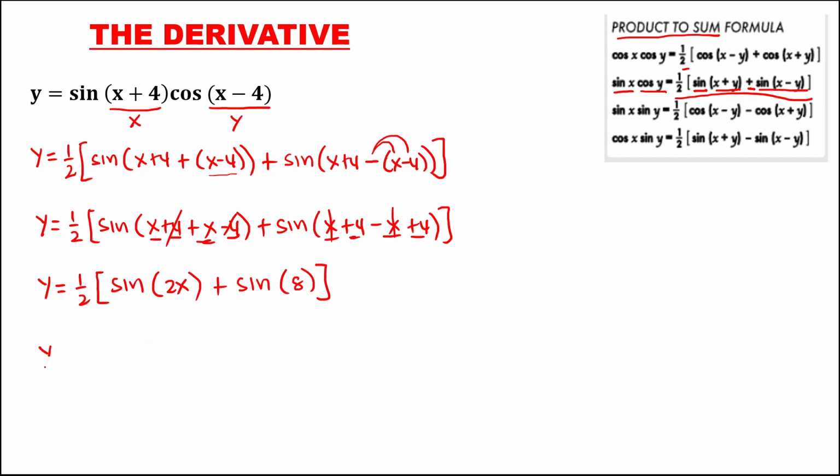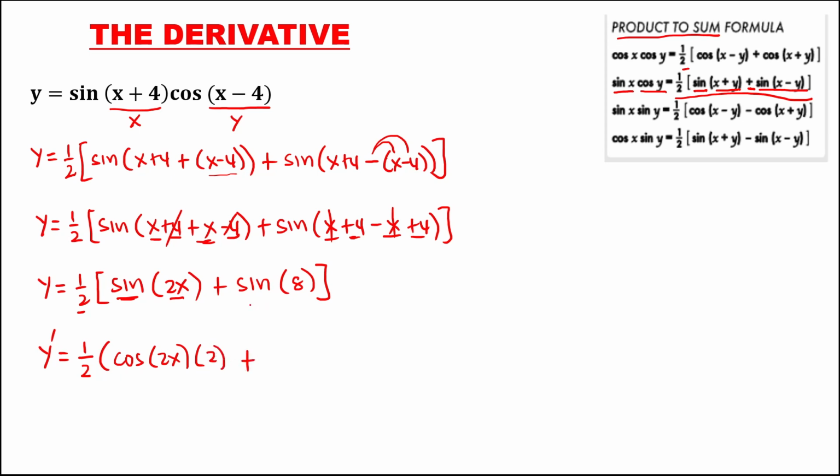So we have now the derivative, or y prime equals, so just bring down this constant 1/2 times the derivative of sine. Since the derivative of sine is cosine, this becomes cosine 2x times the derivative of 2x, so this one is 2.